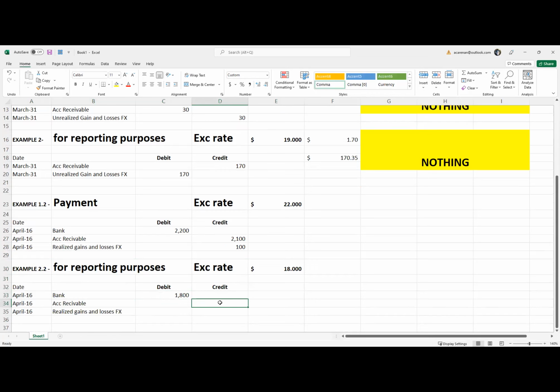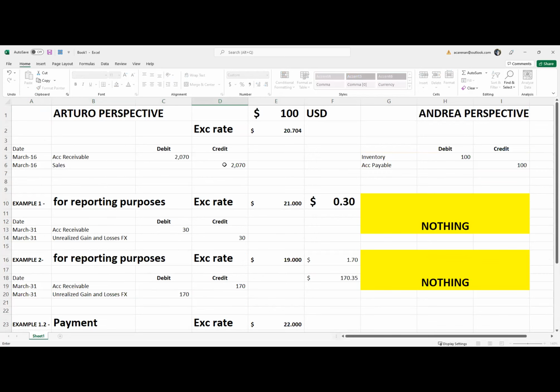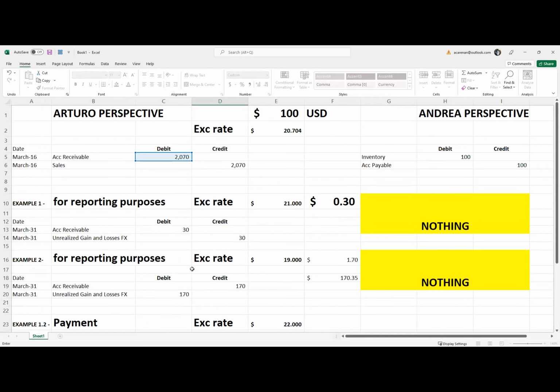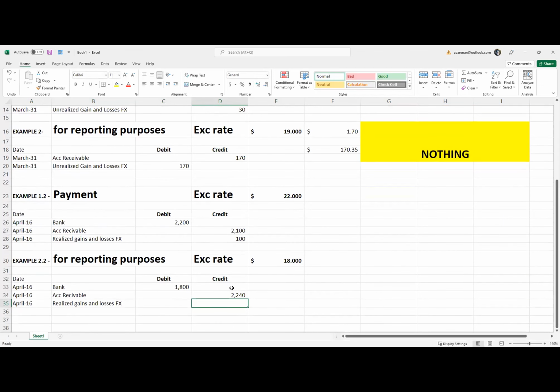So what happened to your account receivable? I'm relating it to the second example. You had an account receivable of, so what is happening?